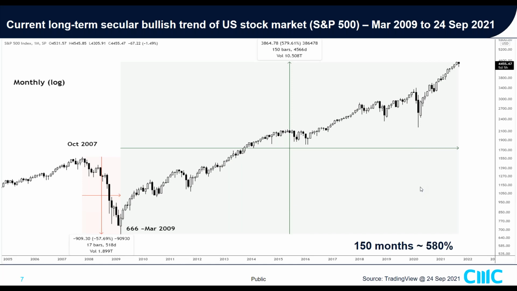It's about 150 months on it, and the return is definitely lesser than the previous two long-term secular bullish trends, close to about half, I think, not even half. 580%. Now, definitely, this current secular bullish trend is shorter in duration, but we also have to understand that not all secular bullish trends are alike.